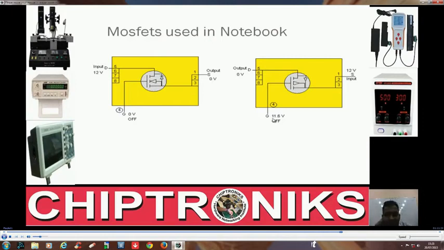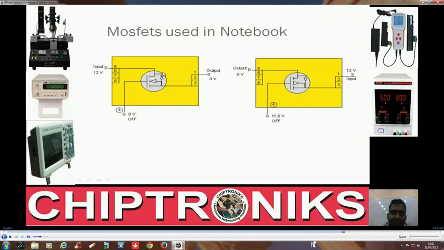So we have to identify which one is an N-channel MOSFET and which one is a P-channel MOSFET. In an N-channel MOSFET, the arrow should be inside, and in a P-channel MOSFET, the arrow should be pointing outside, alright?